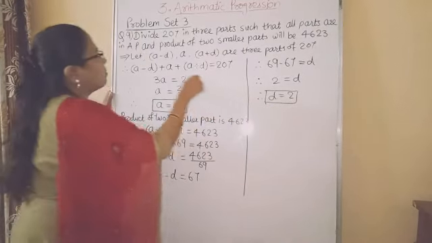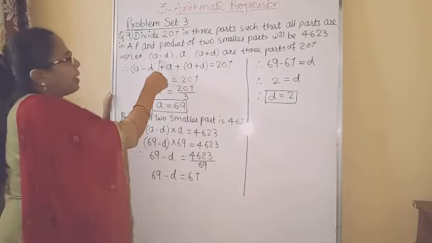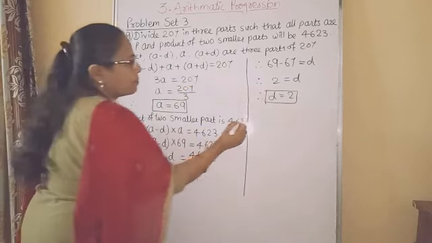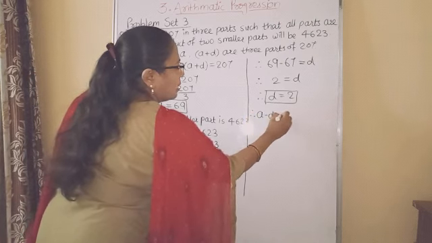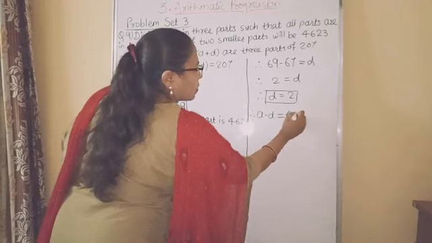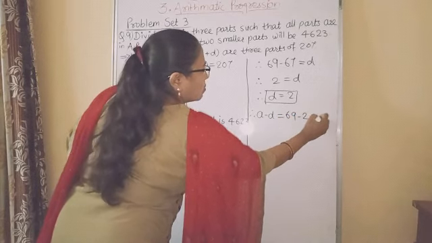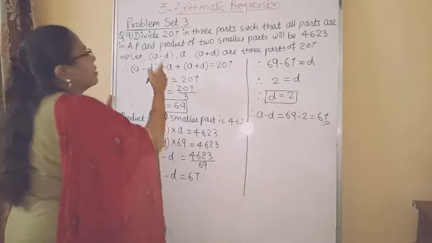From these values we will find out three parts of 207. First part is A minus D. Therefore, A minus D is equal to 69 minus 2. 69 minus 2 is equal to 67. This is first part.